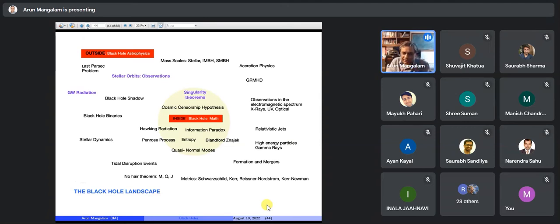Okay, I just told you a few things, and there is this diagram which I drew around the time when I was giving a talk on the Nobel Prize 2020. There are several things which have cropped up.